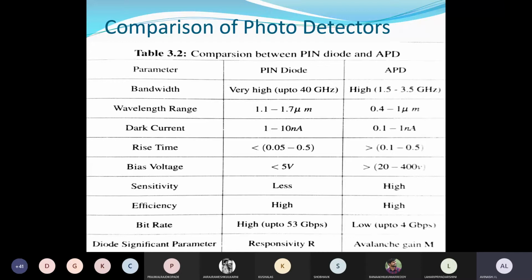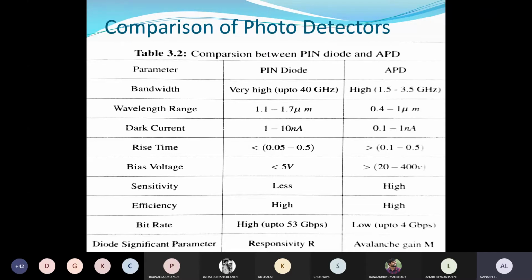Now, when we are talking about the comparison of photo detectors, the bandwidth is very high with respect to the PIN diode. But in the avalanche photodiode, it is high only up to a range of about 1.5 to 3.5 gigahertz.